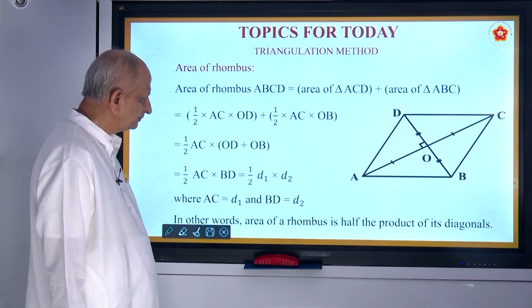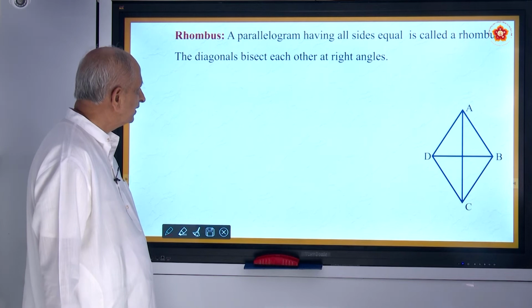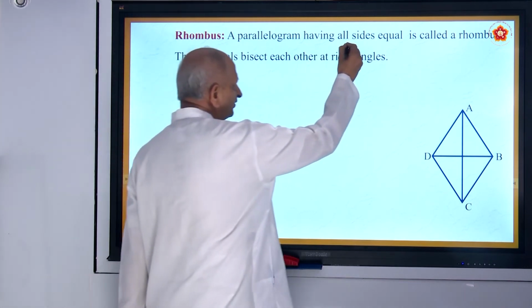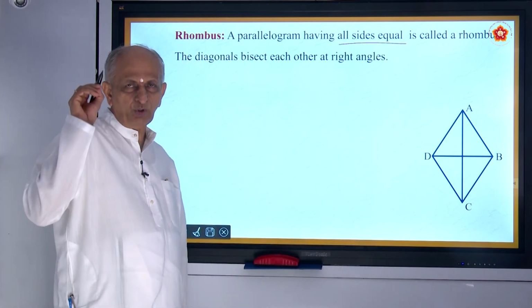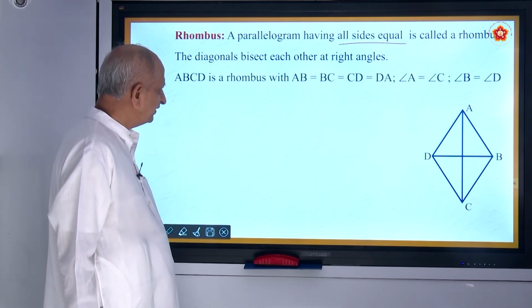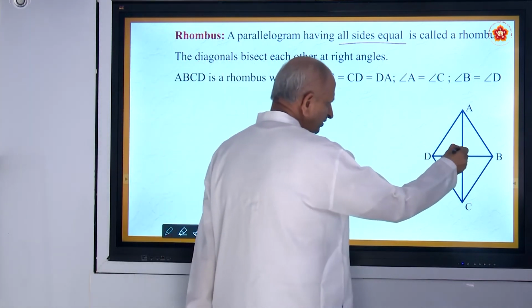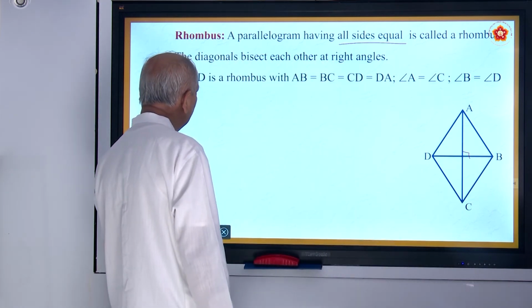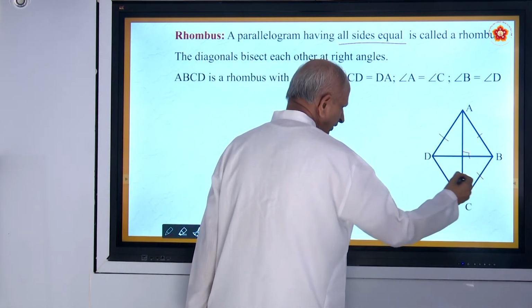One of them: here is a rhombus given. So a rhombus is a parallelogram having all sides equal. In a parallelogram, all sides are not equal, only opposite sides are equal. And diagonals bisect each other at right angles. So these are the diagonals, they bisect each other at right angles. So it means that all the sides are equal.